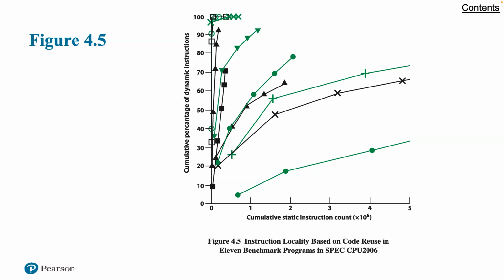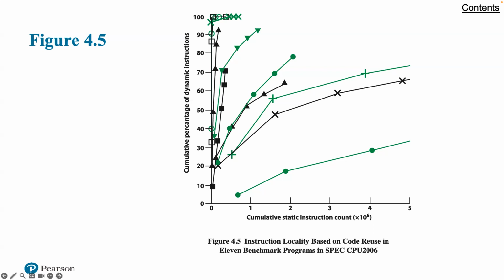Each line in the graph represents a separate benchmark program. In the figure, the cumulative percentage of dynamic instruction execution by a program is shown on the y-axis, and the cumulative count of static instructions is shown on the x-axis. The first point in the line for each benchmark represents the most frequently called subroutine, with the x-coordinate showing the number of static instructions in the routine, and the y-coordinate showing the percentage of dynamic instructions that it represents.